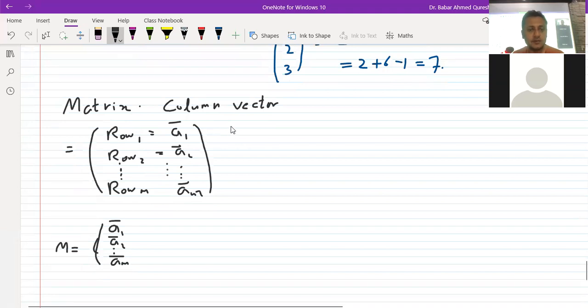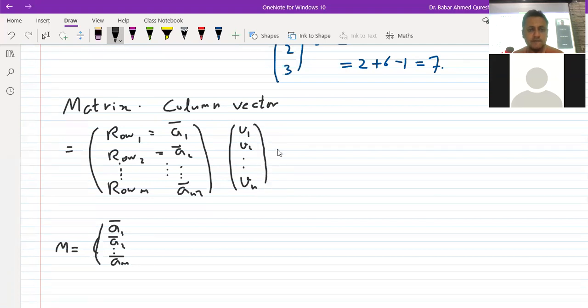So a matrix with a column vector, and this guy, let me write it more symbolically.